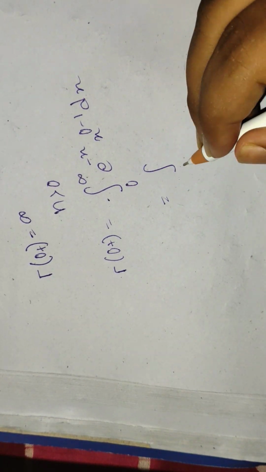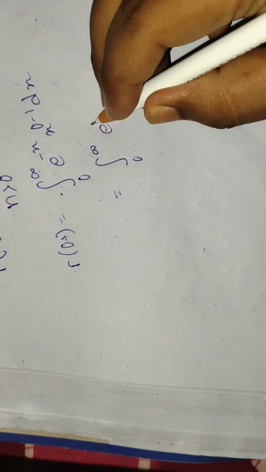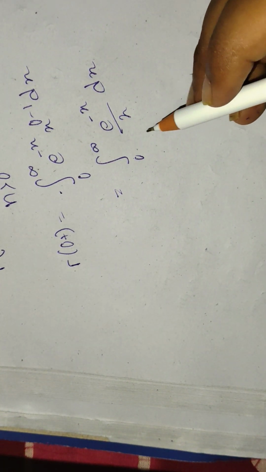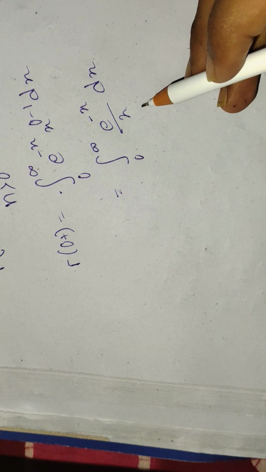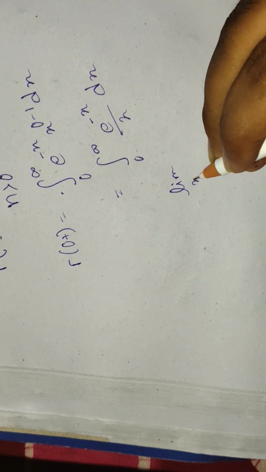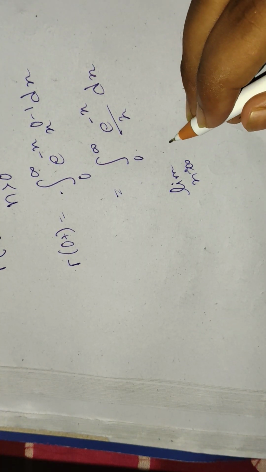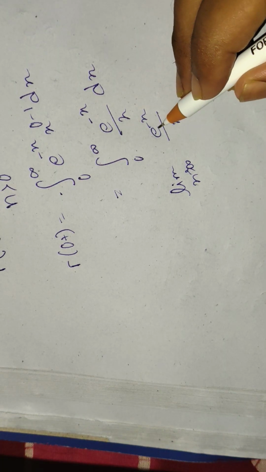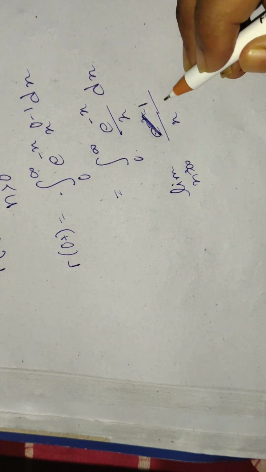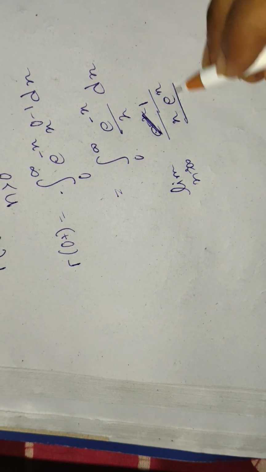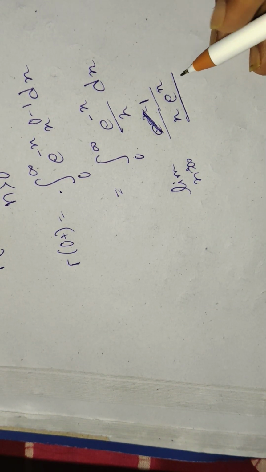You can see this is 0 to infinity e to the power minus x divided by x dx. Now if we talk about infinity, the limit as x tends to infinity, the value of the function is 0. Why? Because we can take e to the power x in the denominator, which equals infinity, so 1 by infinity is 0.